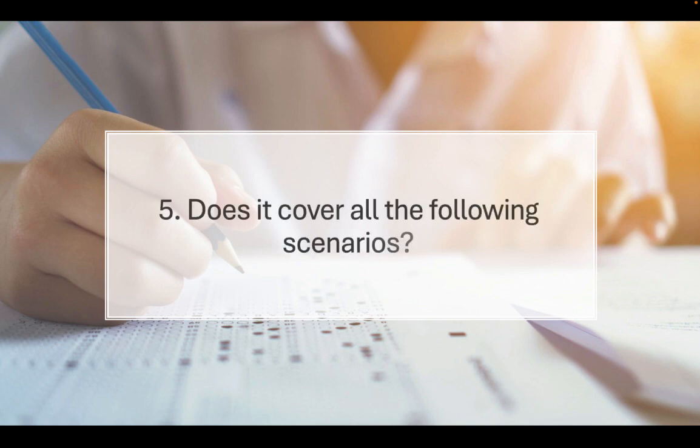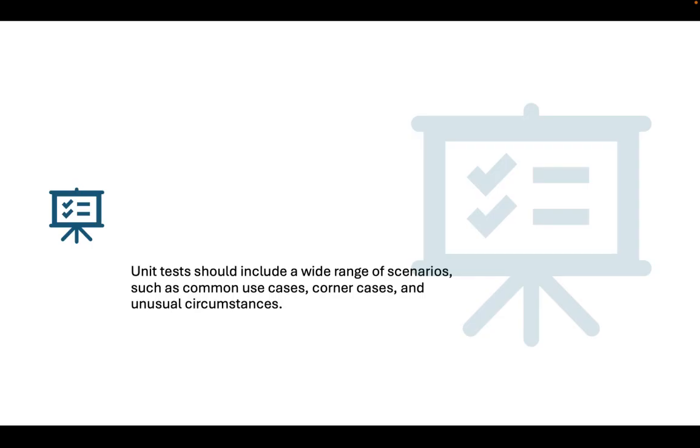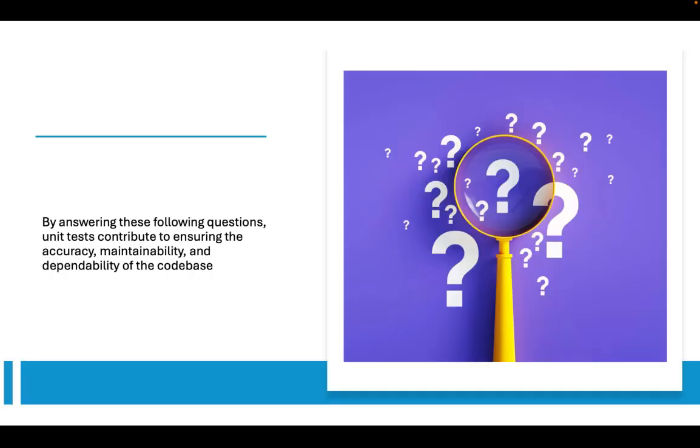Okay, and our last question would be, does it cover all the following scenarios? Unit tests should include a wide range of scenarios, such as common use cases, corner cases, and unusual circumstances. By answering these questions, unit tests contribute to ensuring the accuracy, maintainability, and dependability of your code base.